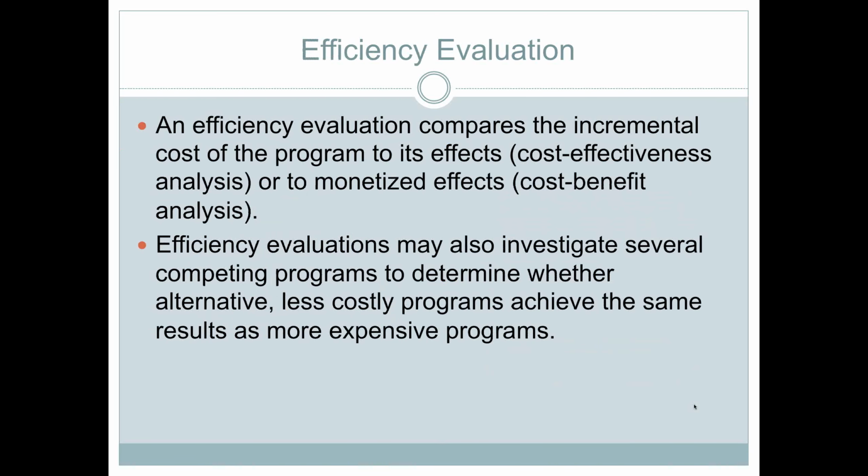An efficiency evaluation looks at the cost-benefit of programs. So it compares the cost of the program to either its effects or to put a dollar sign onto the effects and say, for every dollar spent on this program, we gain X number of dollars in reduced disease, disability, death.